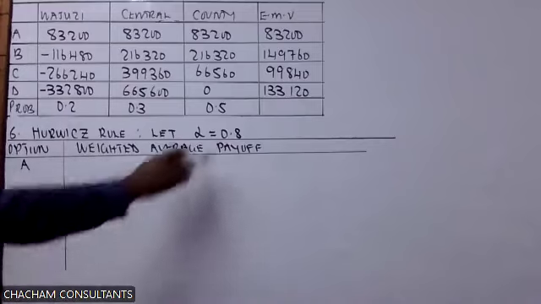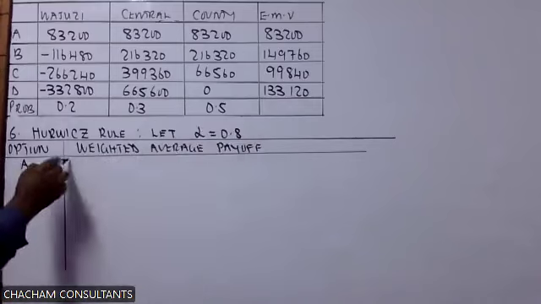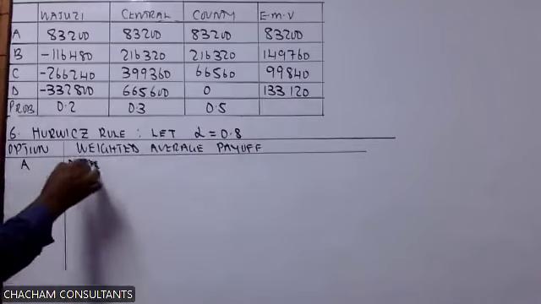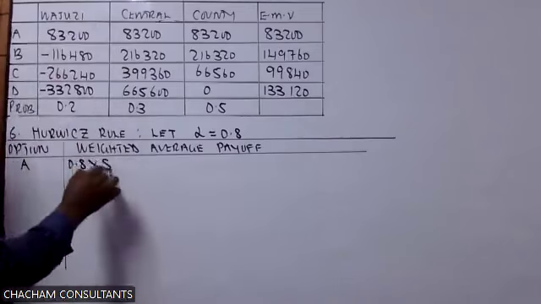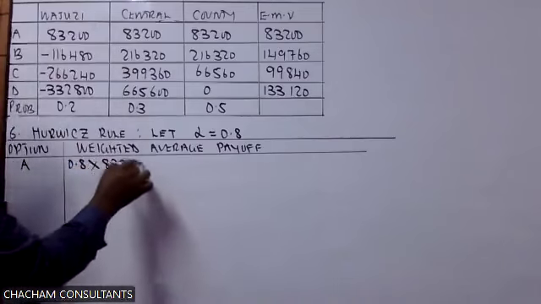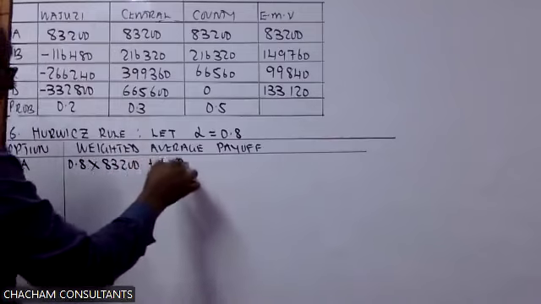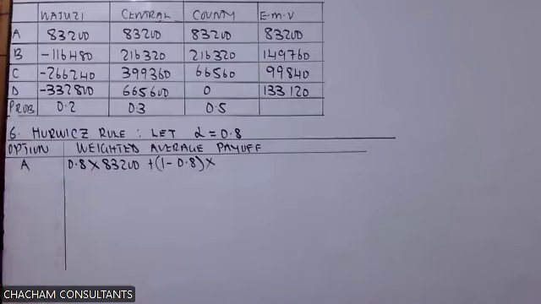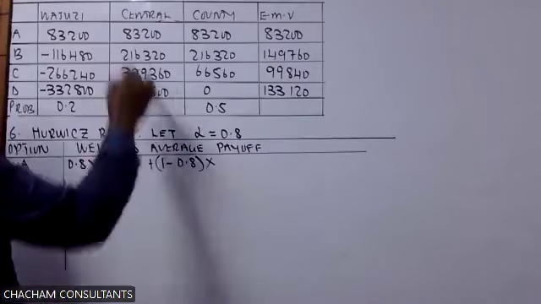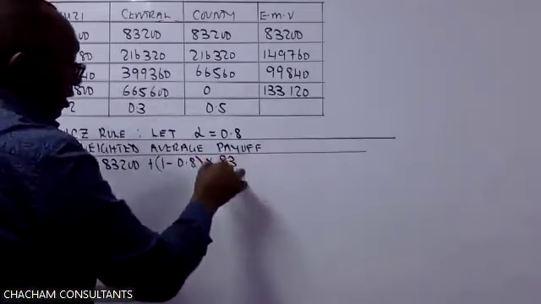It requires you take alpha 0.8, you multiply by the best outcome. The best is 83,200, plus 1 minus alpha, you multiply by the worst. The worst is 83,200.